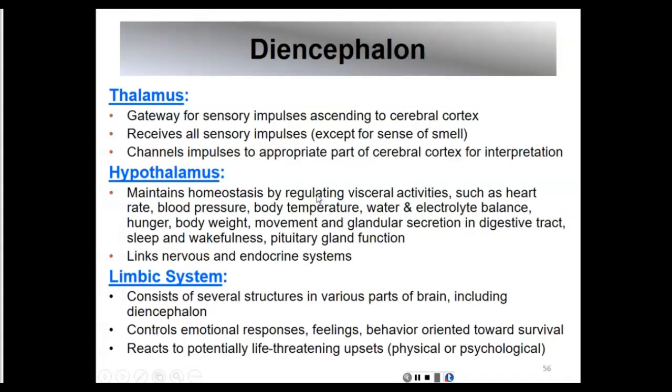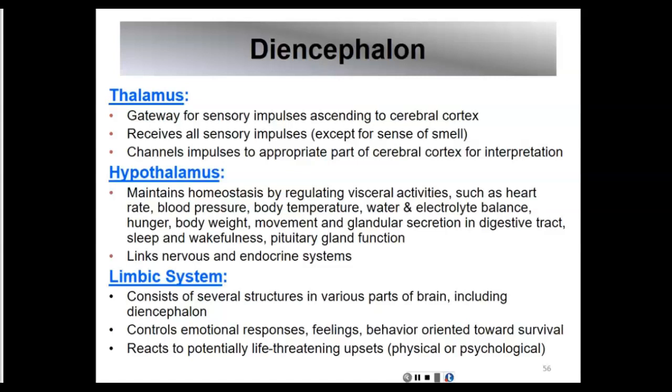The thalamus is the major part of our diencephalon. It's the gateway for your sensory impulses that are going to the cerebral cortex. It receives all of your sensory information from your body except for one, smell. Smell does not come through the thalamus.